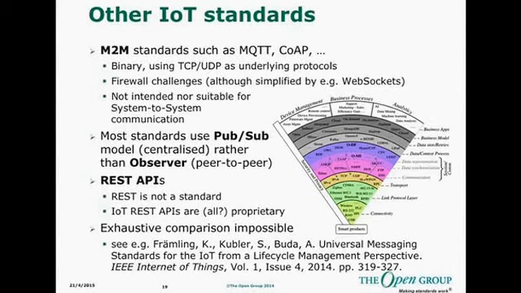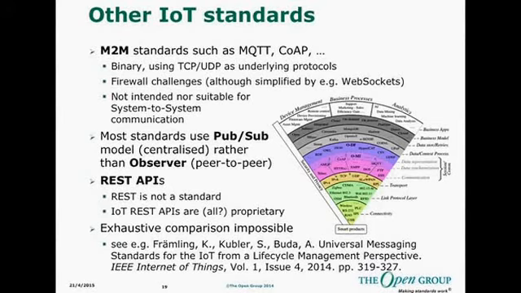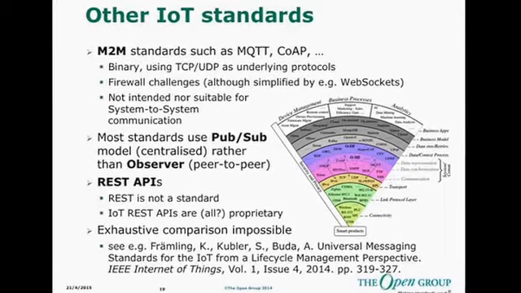And most or just about all Internet of Things REST APIs that I have seen so far have been proprietary. So there's really a huge number of different REST APIs for the Internet of Things, and integrating and communicating with them is not immediate at all.